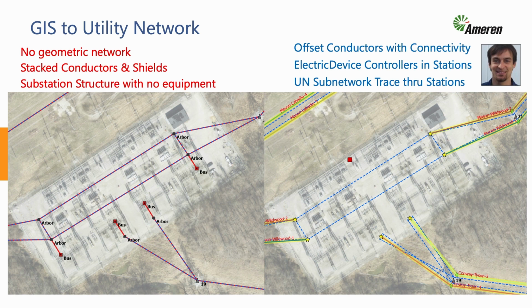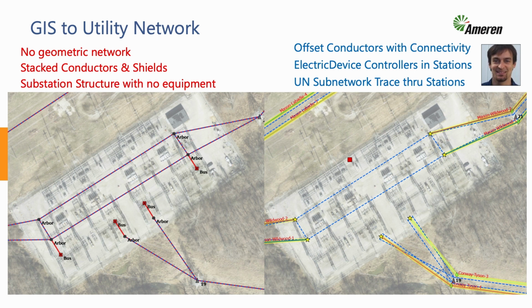But if you look on the updated utility network side, something we do along the way with one of our tools is we actually offset those conductor spans while retaining the connectivity between them, so it allowed us to then do full UN tracing. But notice that we've got shield spans and conductor spans now offset from the structure.